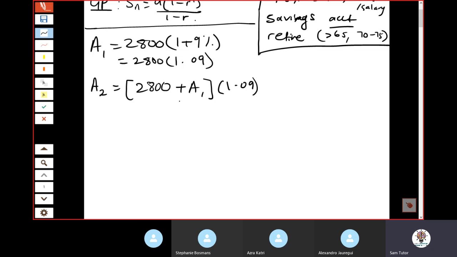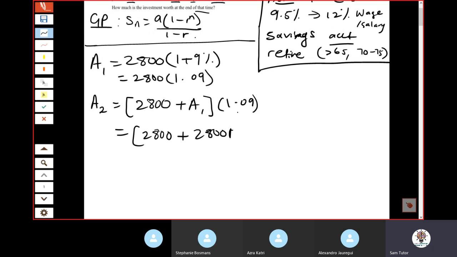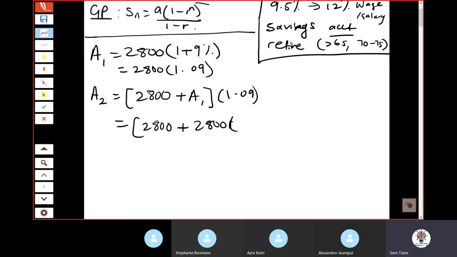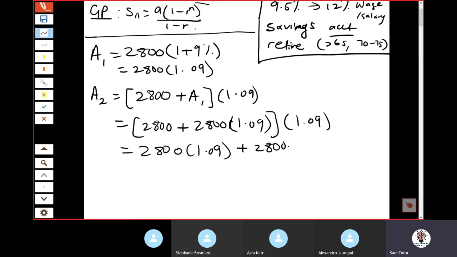Then what you're meant to do is replace A1 with its value, which is 2,800 times 1.09, times by 1.09. And I promise you, this gets very, very repetitive very quickly. But you've just got to be patient with it and not be scared of all this math you're going to see. Okay, let me know if you have any issues there.